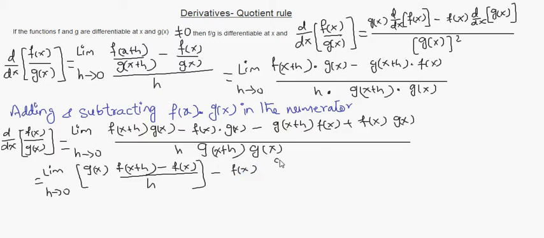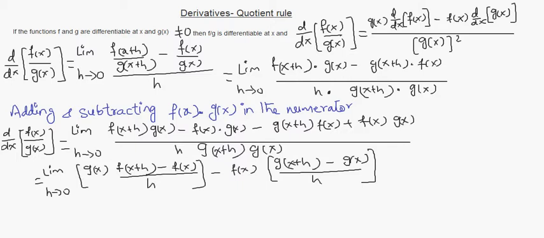That leaves us with g of x plus h minus g of x, because the negative sign comes out. And there is a bracket.